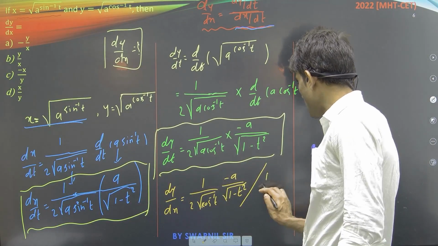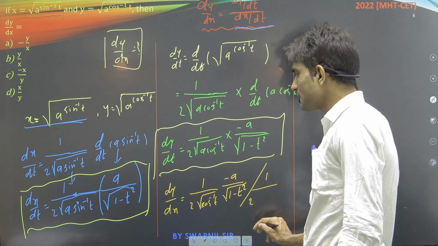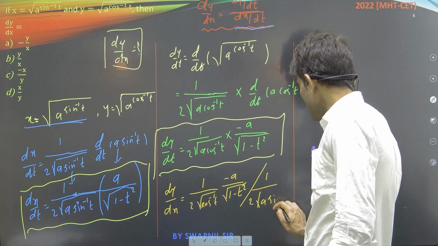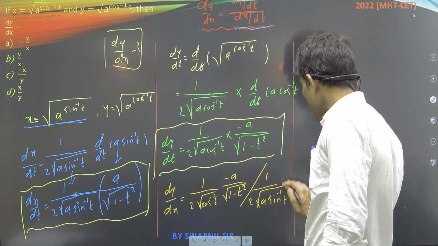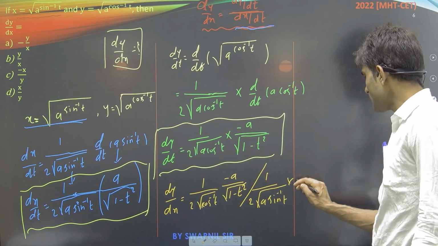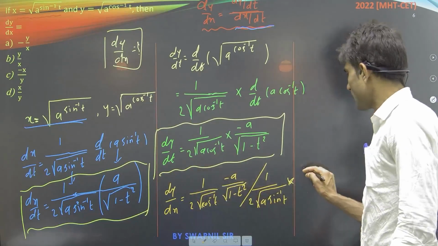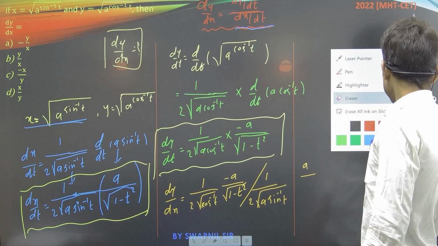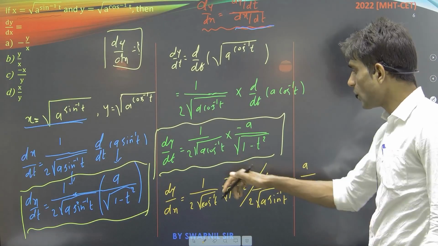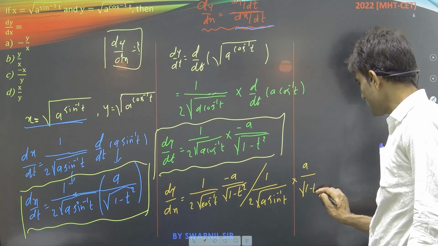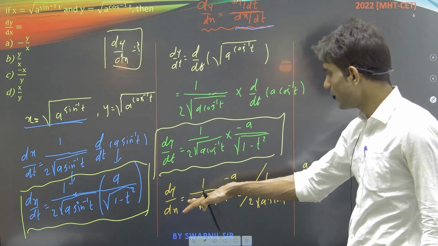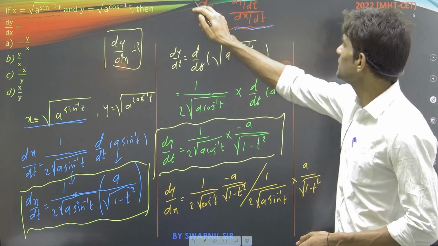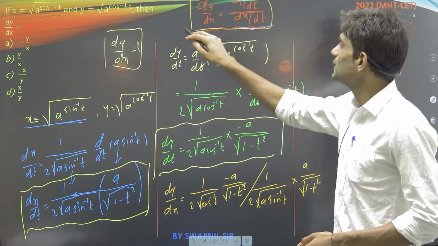Substitute the value 1 upon 2 times square root of a sine inverse of t, multiplied by a upon square root of 1 minus t square. This one is for dy by dt, and this one is for dx by dt, substituted in our parametric differentiation.